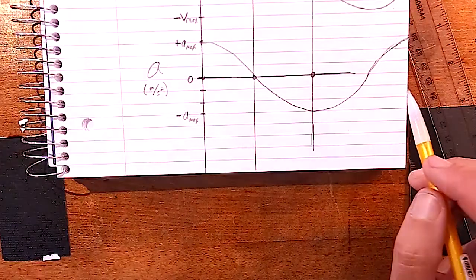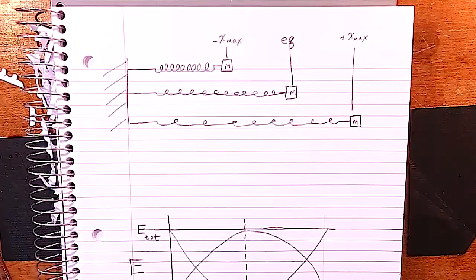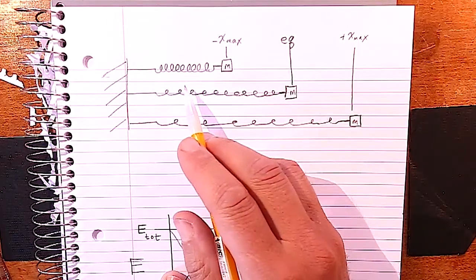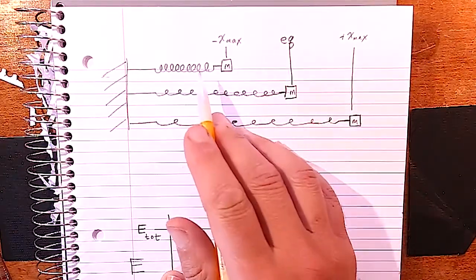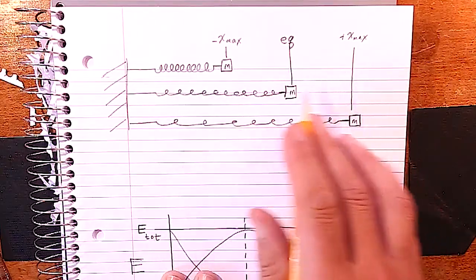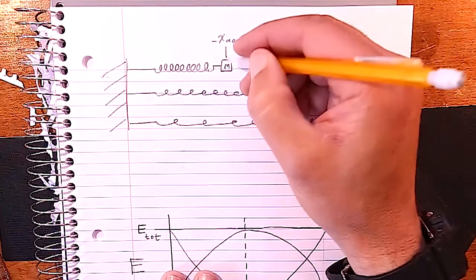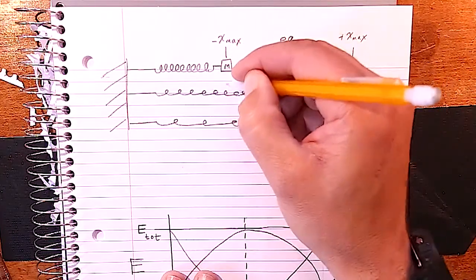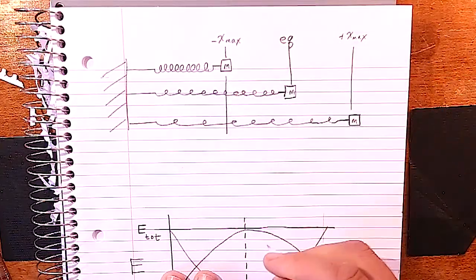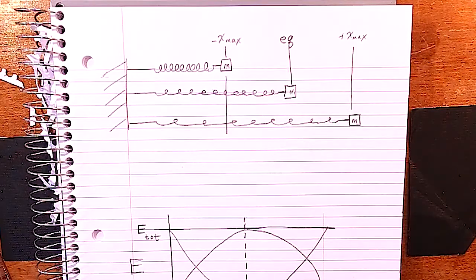Okay, let's take a minute to look at the energy in a simple harmonic oscillator. So we've done this a bunch now. We've got the mass that's oscillating back and forth on the spring. And if we look at it at this point right here, what kind of energy does it have?